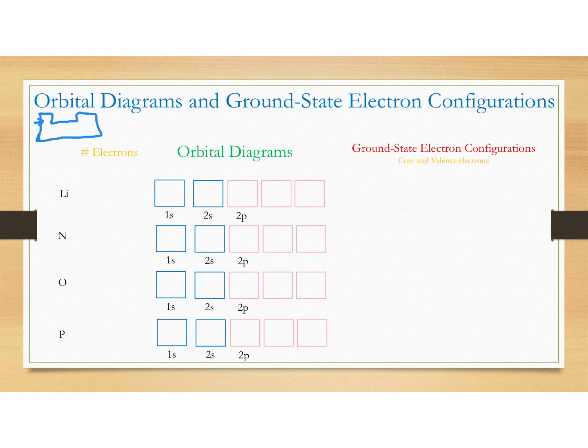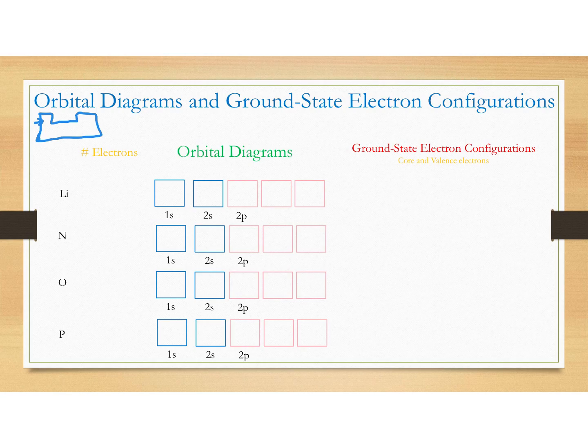Because it's in the second period, I only need to go to the second energy level. So I need to go through the first energy level and then to the second energy level. Nitrogen is in the second period. Oxygen is in the second period. But phosphorus is in the third period.